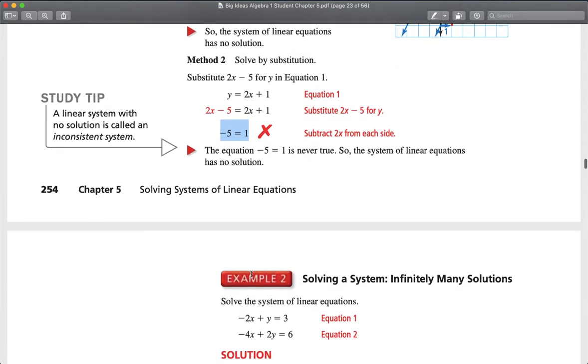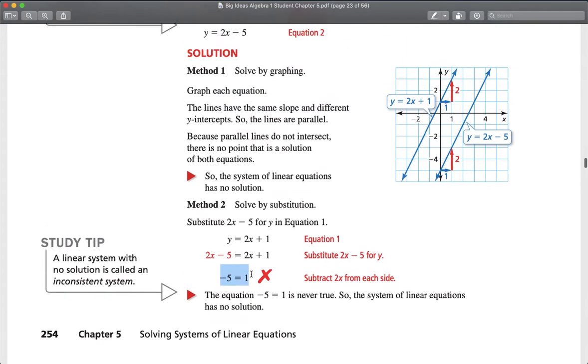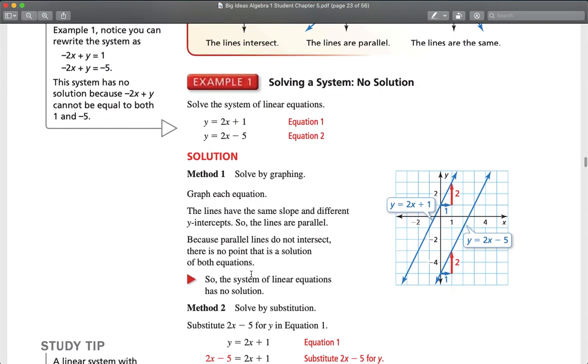You can also do elimination, which they don't mention, right? Because you've just been working on elimination. You can add these two equations, but if you add them up, you get 2y, you get 4x, right? So how do you manipulate it? How do you change it? How do you revise equation 2? You multiply everything by -1, right? If you multiply everything by -1, here you get -y, -2x, and plus 5, right?